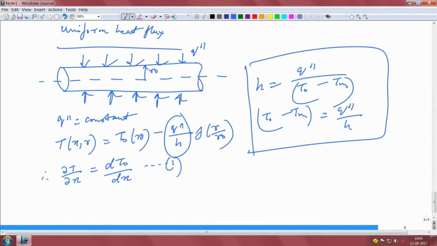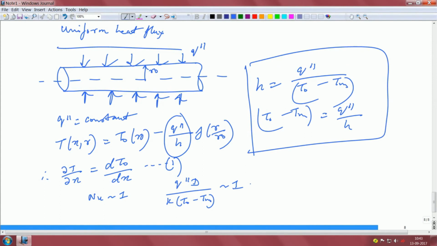Now we also know that the Nusselt number is of the order 1. Therefore, Q double prime times d divided by k times (T naught minus T mean) is of the order 1.